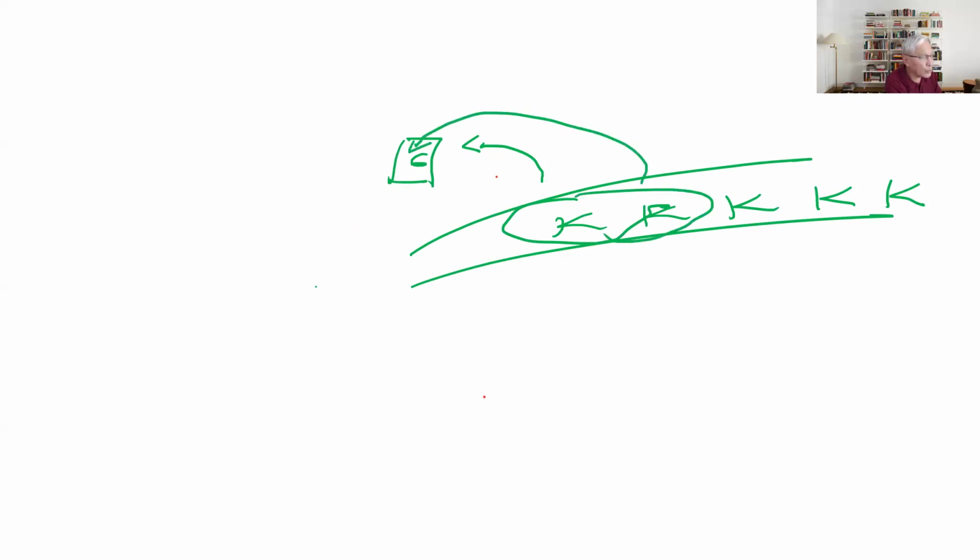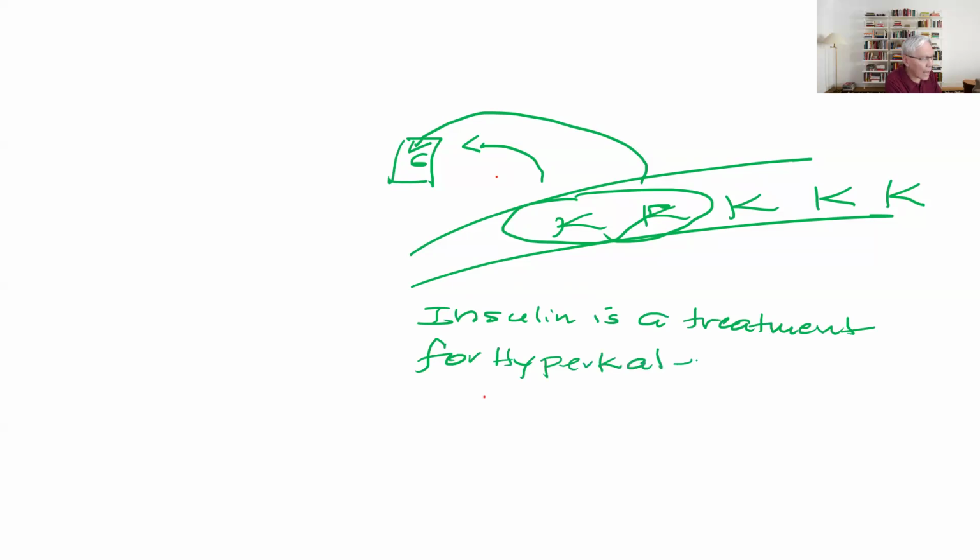And therefore, it will reduce your potassium in the blood. So insulin is a treatment for hyperkalemia. How is it going to act? Because when you give insulin, potassium goes into the cell along with the glucose. Okay? Remember that for renal.